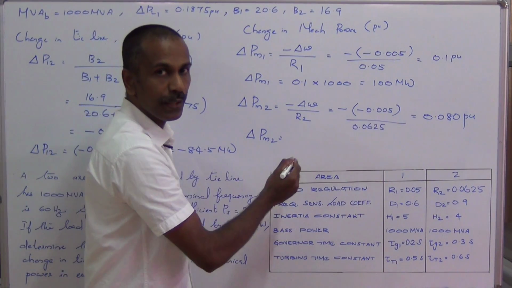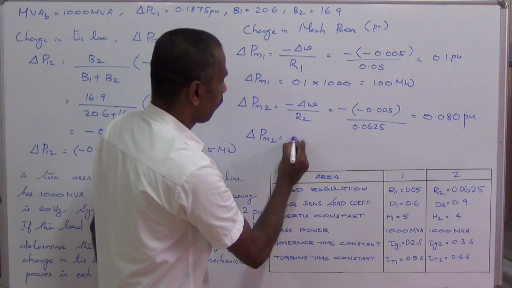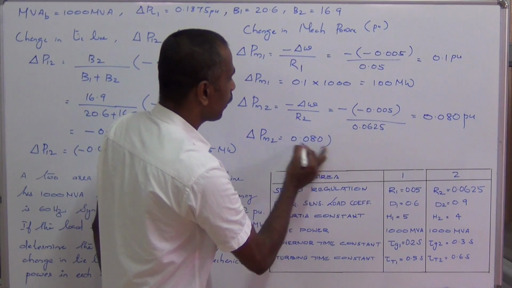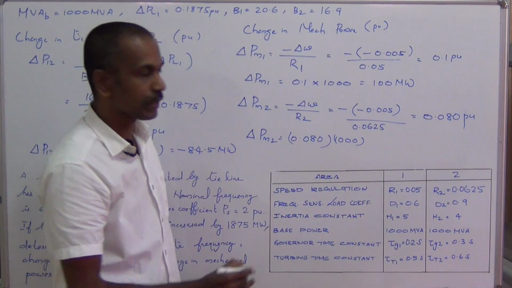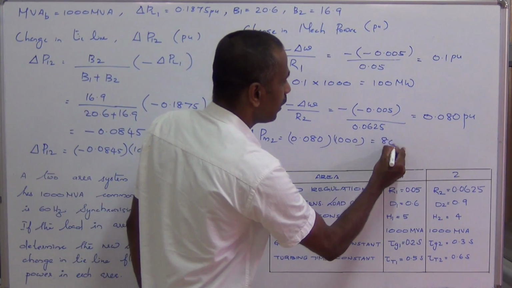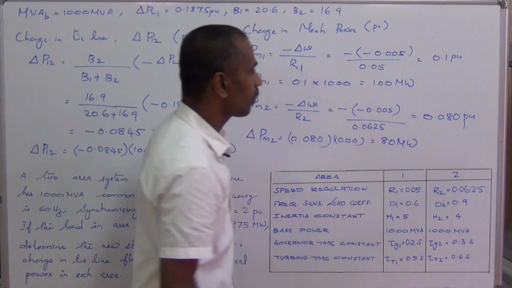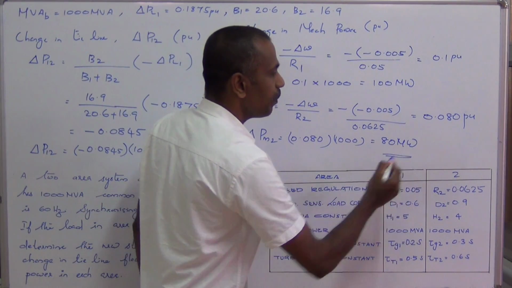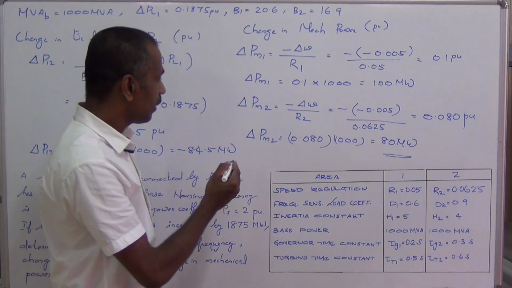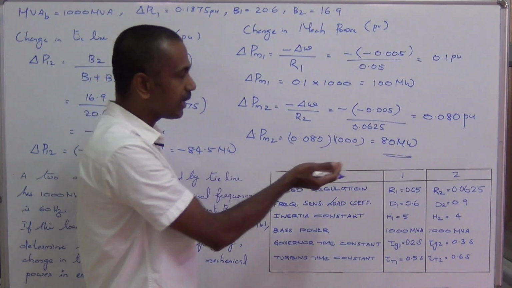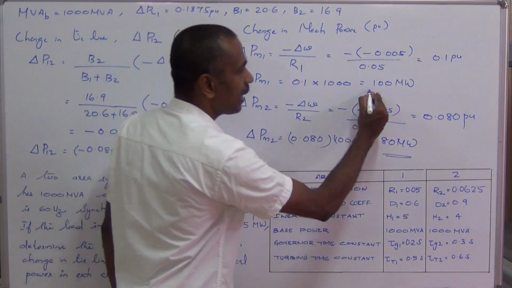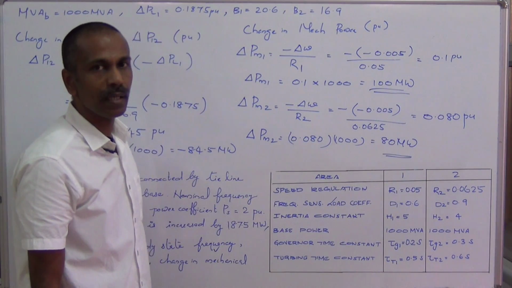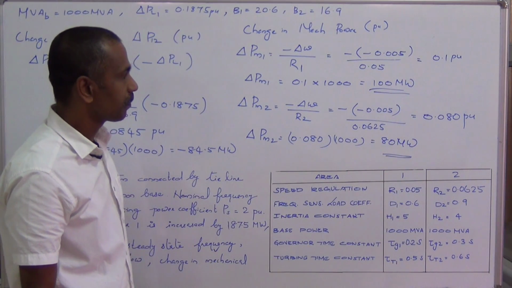This per unit change into base power, 0.80 into the base MVA of 1000. So this is equal to 80 megawatt. This is the additional increase in mechanical power in the second area, and 100 megawatt is the additional increase in the first area.